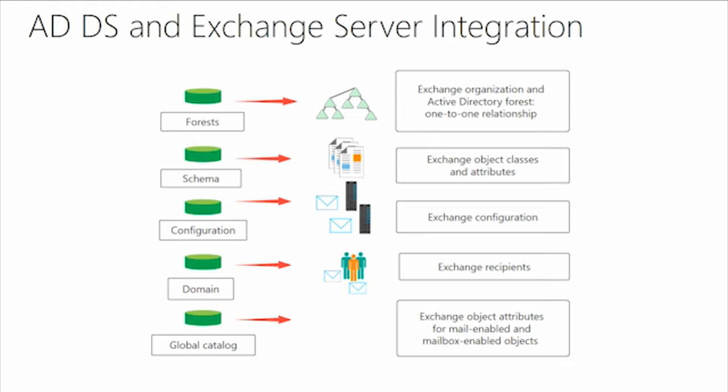And it stores it in the configuration partition on your Active Directory. The configuration partition is a partition that is replicated to all the domain controllers, any domain controller in any domain in your Active Directory. And so Exchange servers have access to that configuration because it's on all the domain controllers.